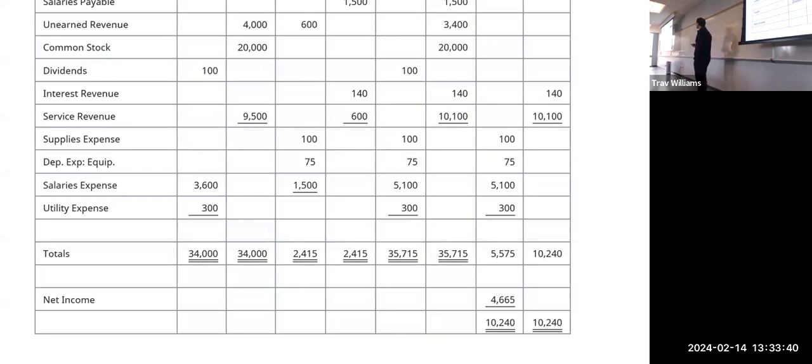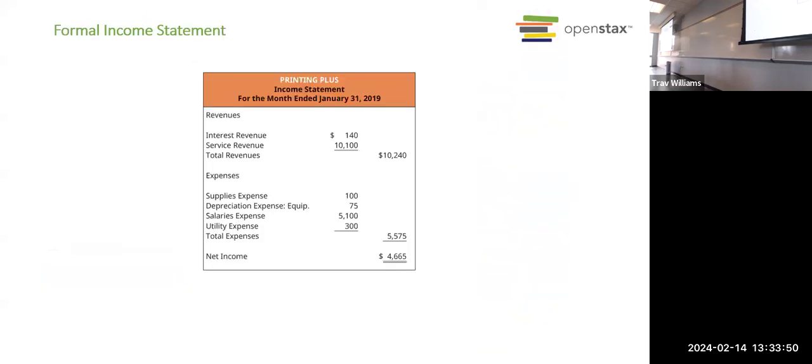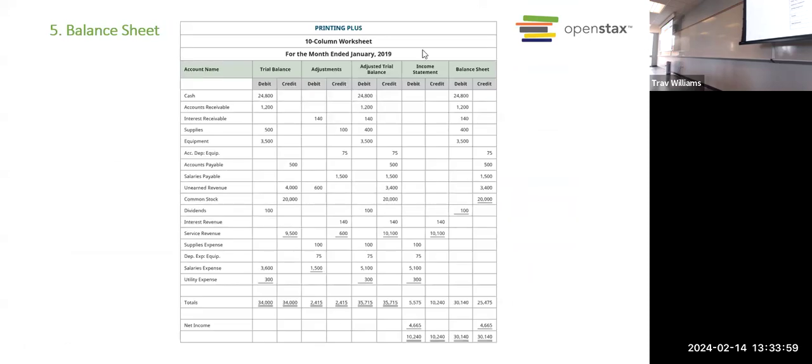Okay. So you can see everything at a glance. And then the last two columns would be our balance sheet. Oh, there's the income statement, right? When it's nicely formatted, same data, just different format. So here is the balance sheet.